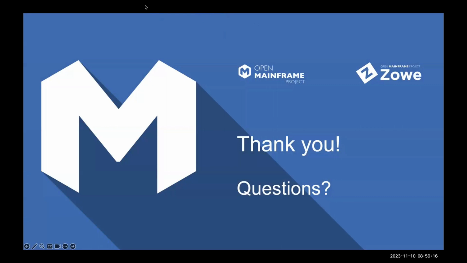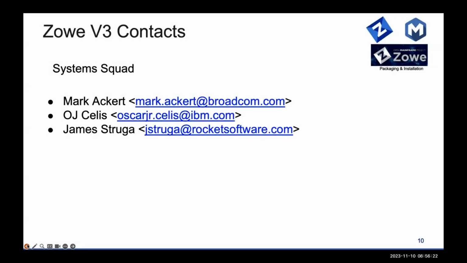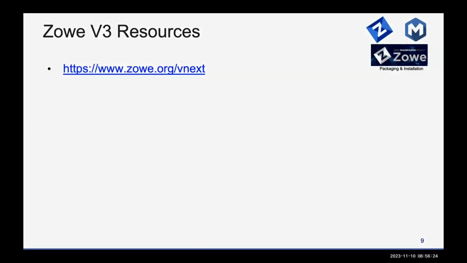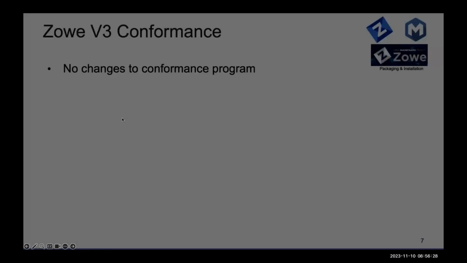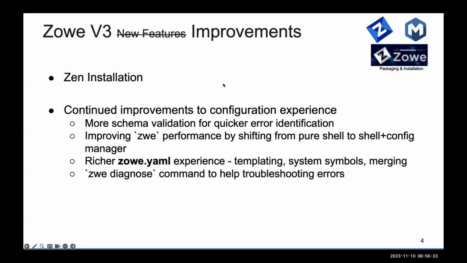Yeah, this is Judy again. I want to know, when you said that you're using the config manager and it's handling merging and things like that, it already does that, right? We've been using the parmlib data set rather than a YAML file for our product.